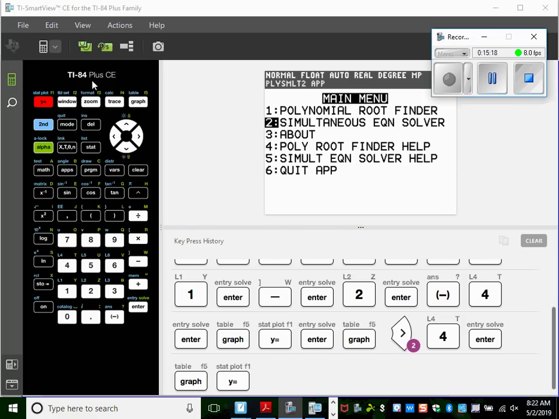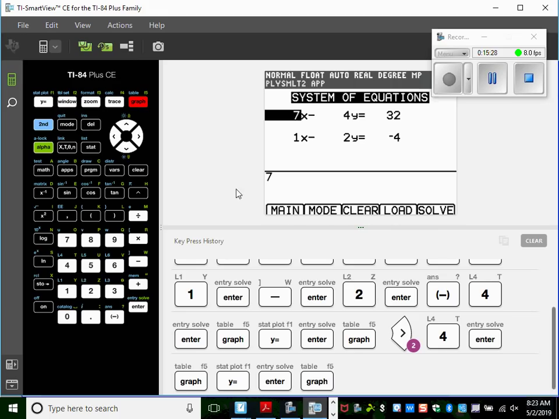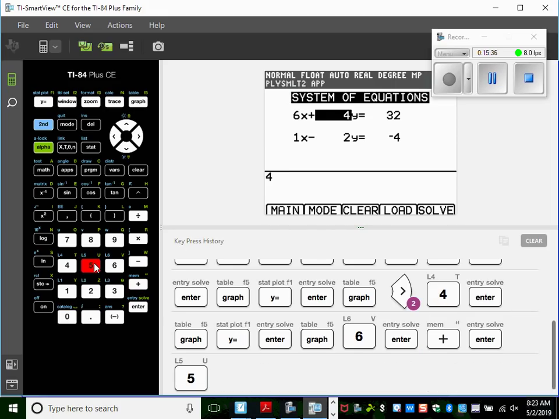All right, so I hit main, which was y equals. Now I'm going to hit enter. Okay, then I'm going to hit graph, which is next. Now I'm going to put in 6, enter, plus, enter, 5, enter, and then 45, enter.